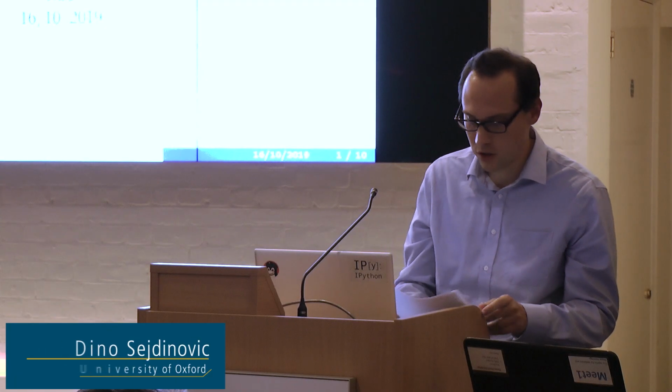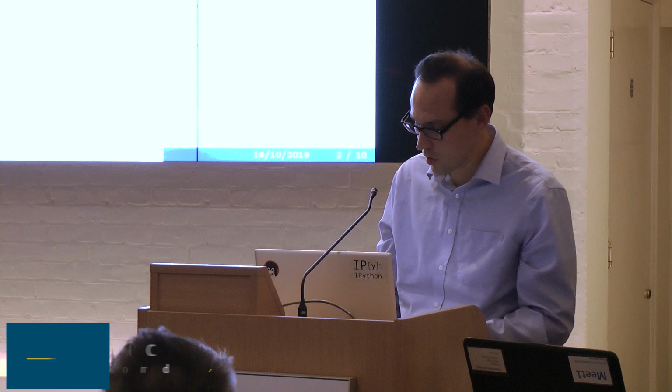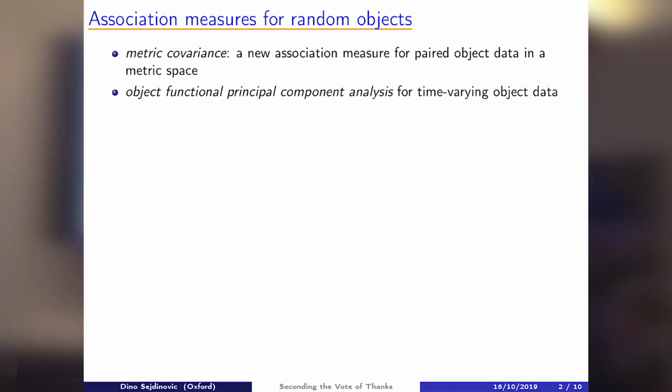So thanks very much for an excellent presentation, and I would also like to congratulate the authors on several substantive conceptual and theoretical developments in their contribution. Among them is a new association measure termed metric covariance, and beyond that they also develop a whole framework of functional principal component analysis using generalized Fréchet integrals for time-varying object data.